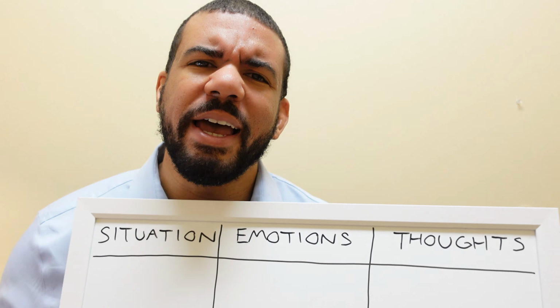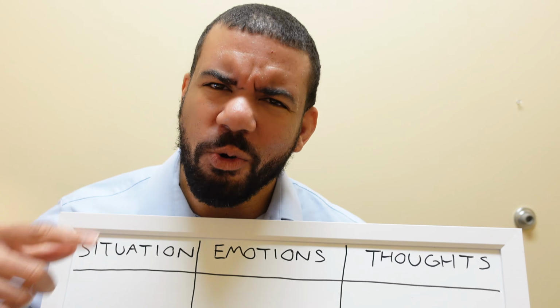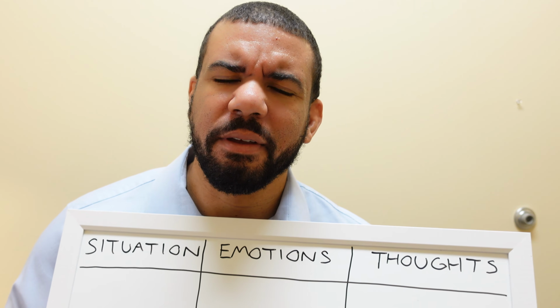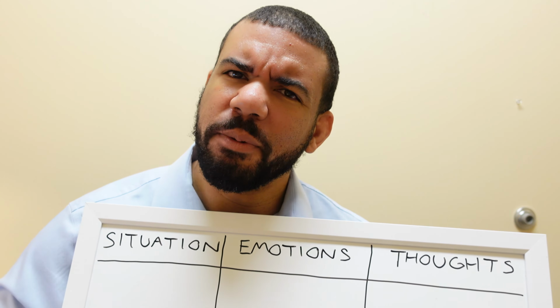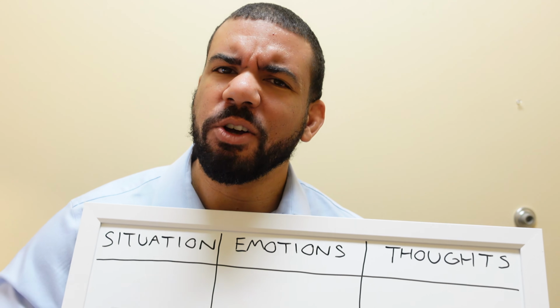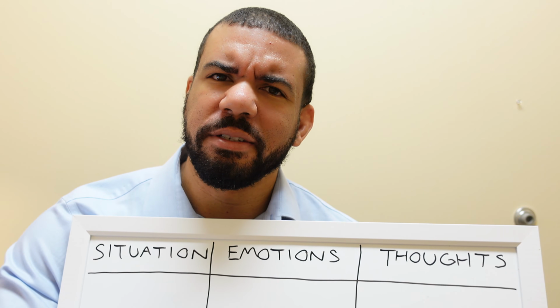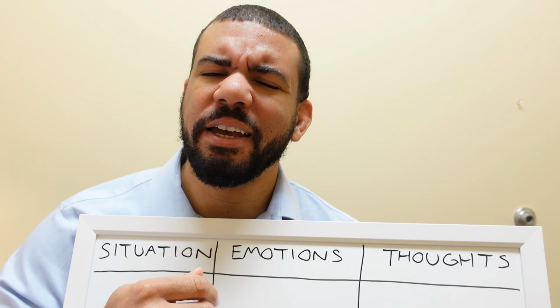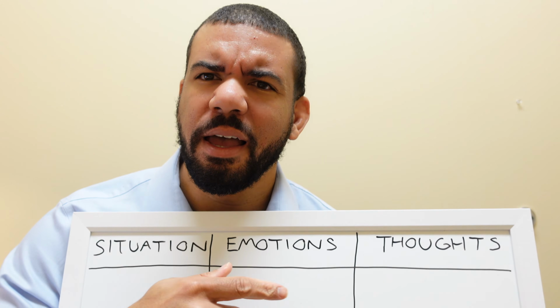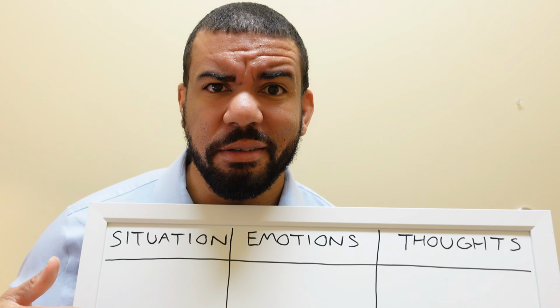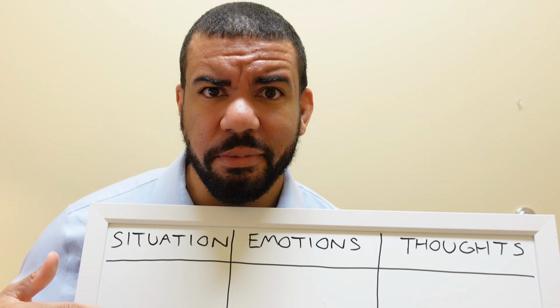What you have to do is ask yourself, well, what was I thinking during that time? What was going on in my head during that time? That is incredibly important because often the negative thoughts are heavily influencing how we actually feel, sometimes despite the situation.